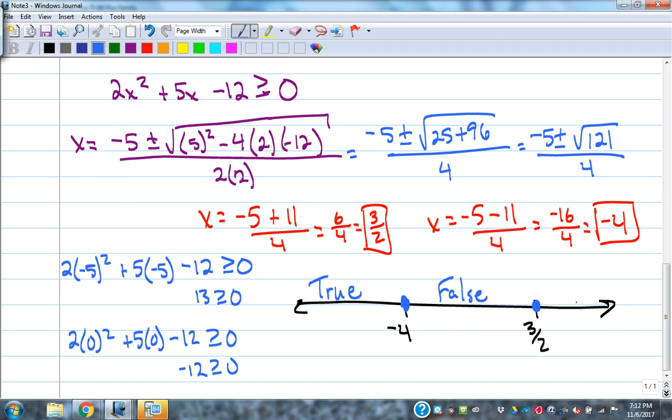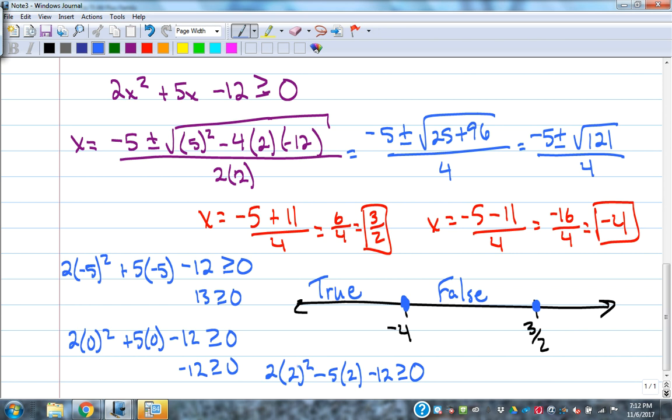Then I'm going to pick a number bigger than 3 over 2. One's not big enough. 2 is the next biggest, a good big one. So 2 plugged in there: 2 times 2 squared plus 5 times 2 minus 12. Is that greater than or equal to 0?